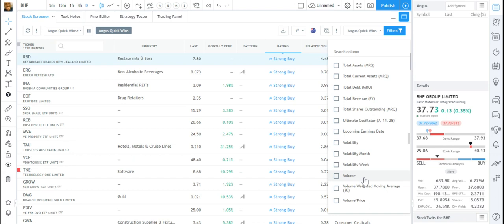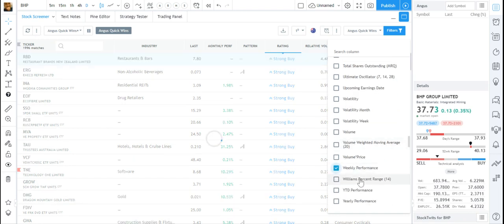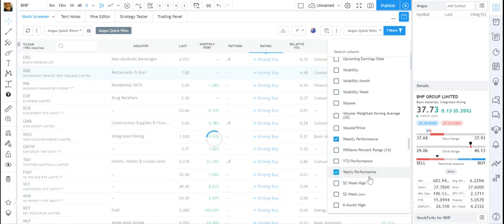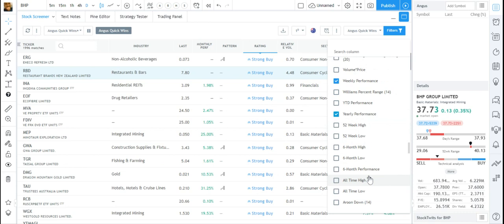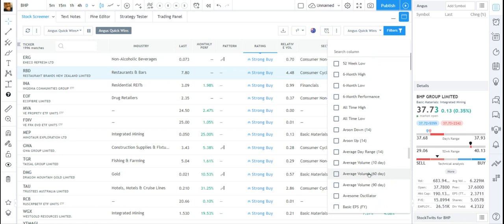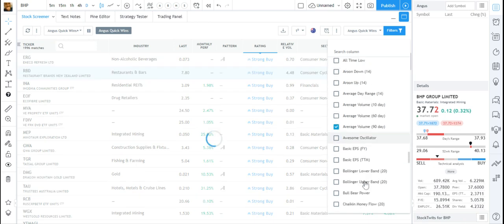Volume, I'm not so much concerned about volume. I'm going to have weekly performance, yearly performance, average day range. So I want to have average volume 90 days, which is approximately 3 months.